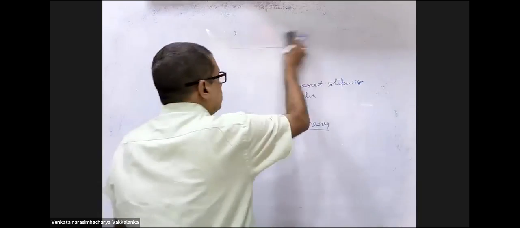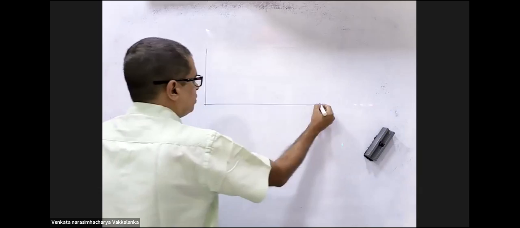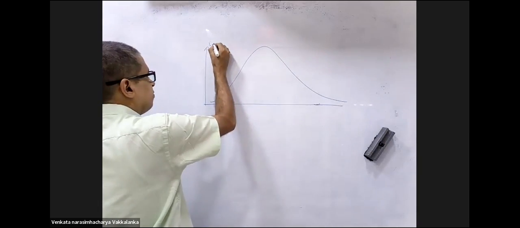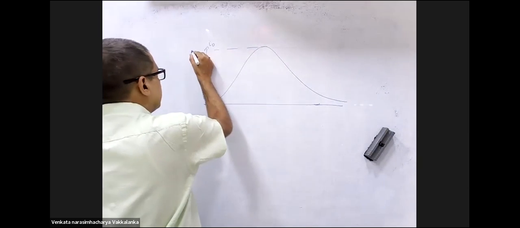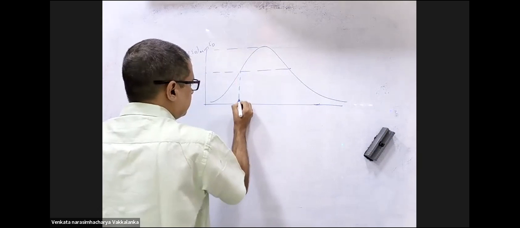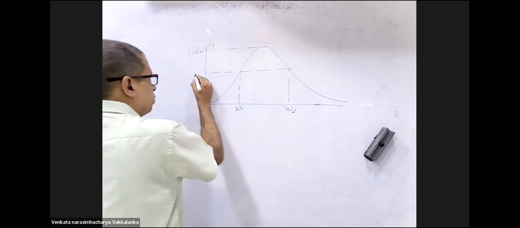In AC circuits, did I teach half power or not? Yes, sir. Half power in AC circuits. This was the graph for I naught. This is I naught maximum. Half power, this will be omega 1, this will be omega 2.